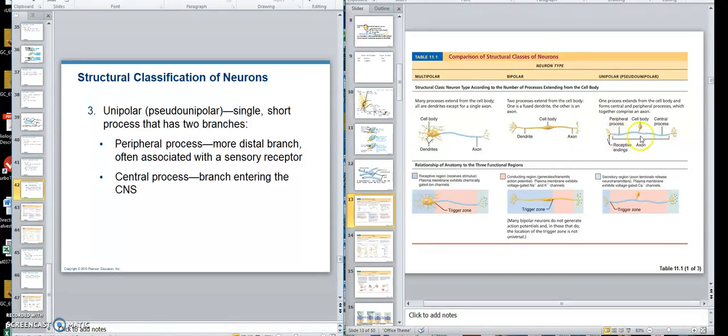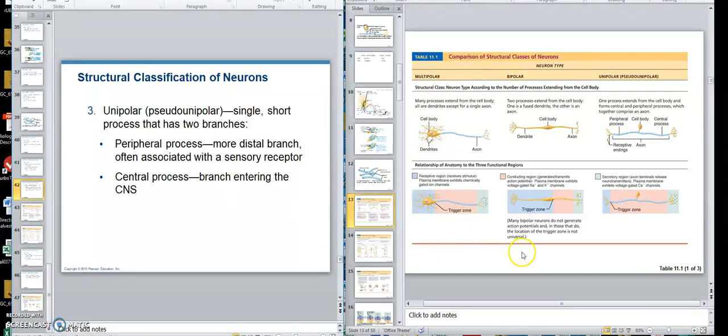So all of this is kind of acting like an axon in a way. And it kind of comes and goes up in there. So this is what we call the dorsal root ganglion. The area we'll talk about when we do the spinal cord, that's where you'll find a lot of these unipolar, or some call pseudo-unipolar. Okay?